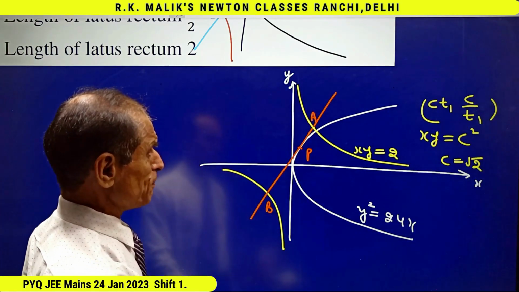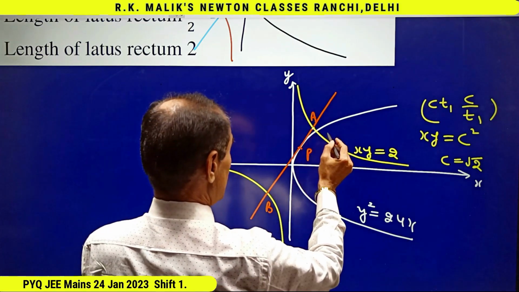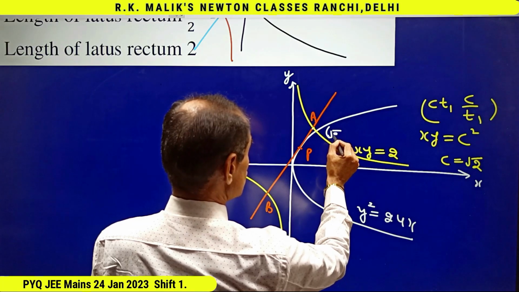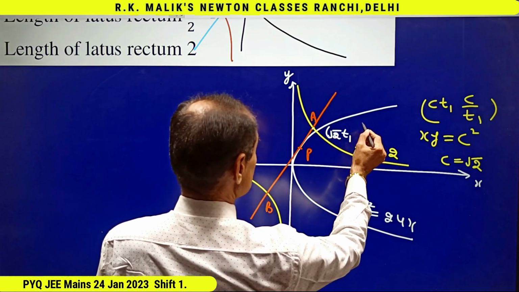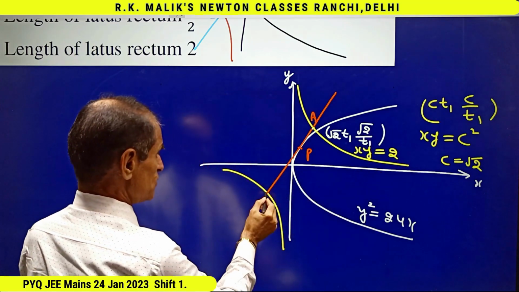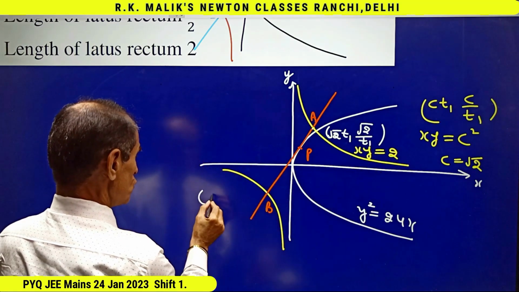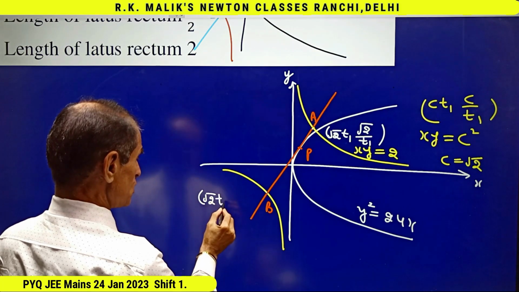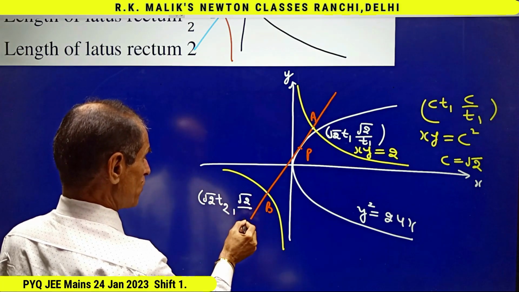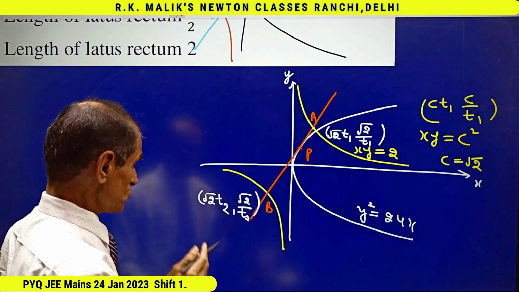Keeping this in mind, the point A can be taken as root 2 t1 and root 2 upon t1, and this point can be taken as root 2 t2 and root 2 upon t2.